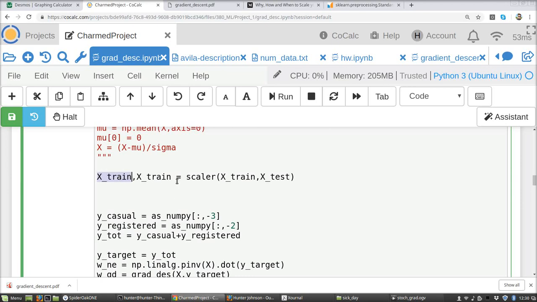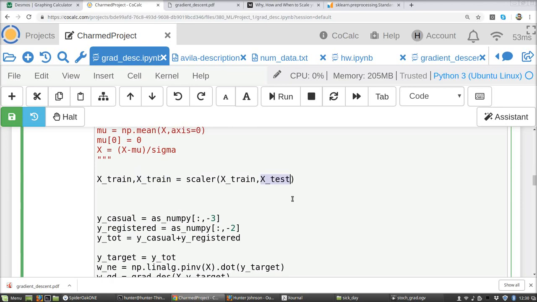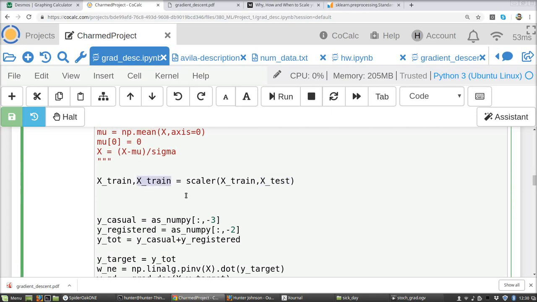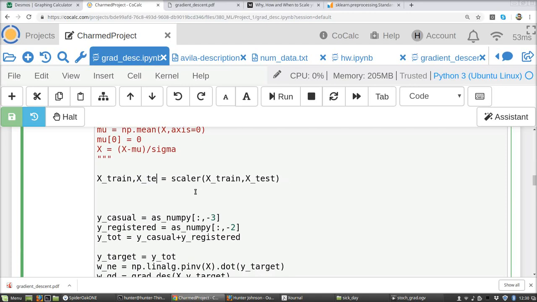If you also use the test data to compute those numbers, then you're peeking at the test data and extracting information from it that's going to make your performance measures an unreliable predictor of the actual performance of your algorithm, because you've been stealing data from the test set. Oops, I just wrote xtrain twice. It might unfairly improve your estimate of the reliability of your algorithm out of sample.